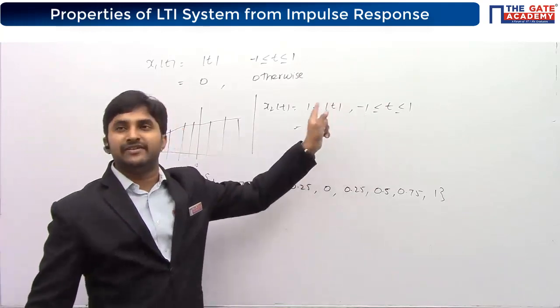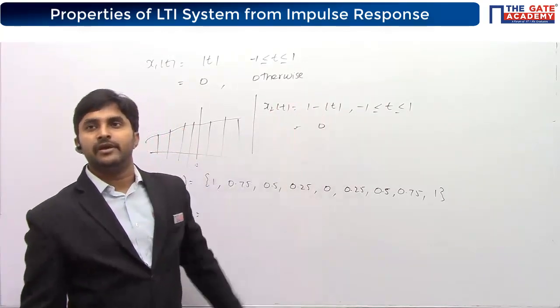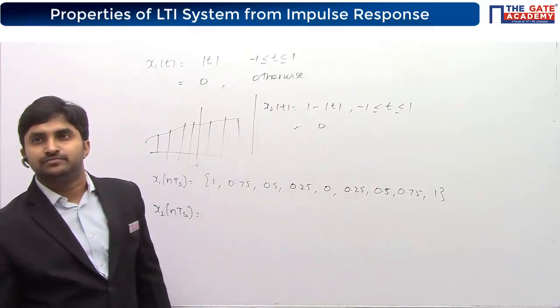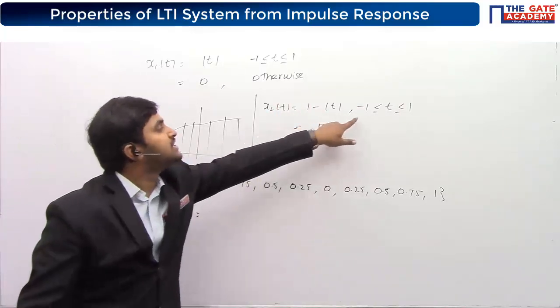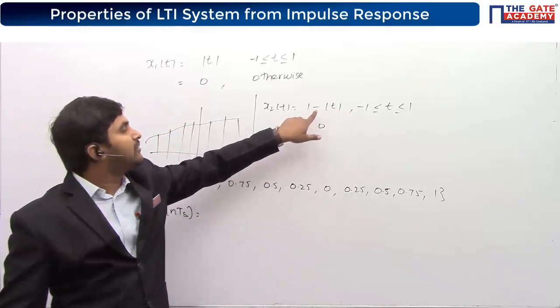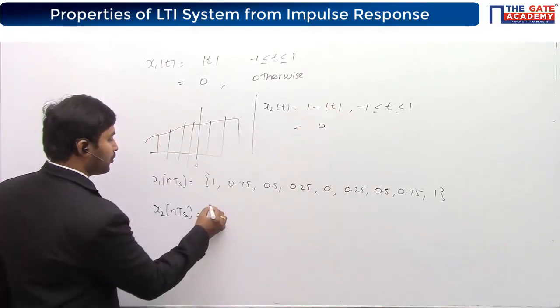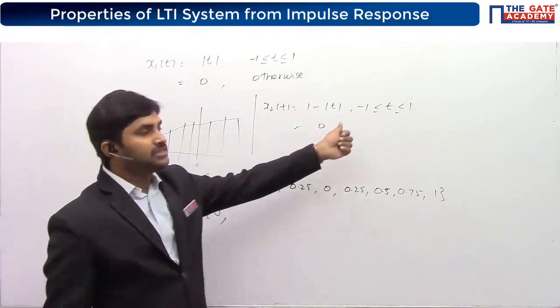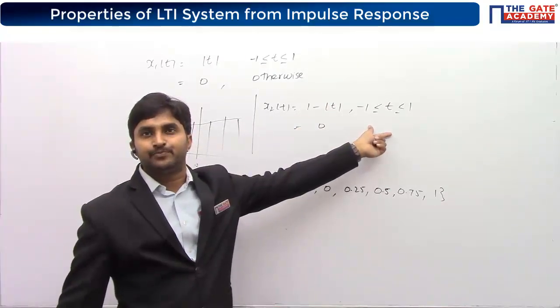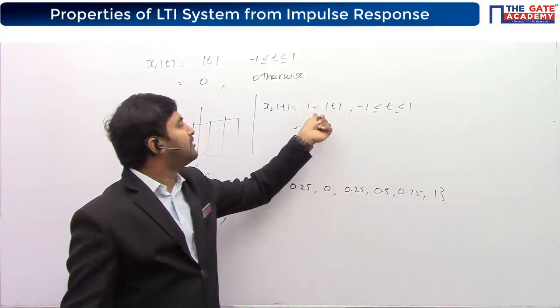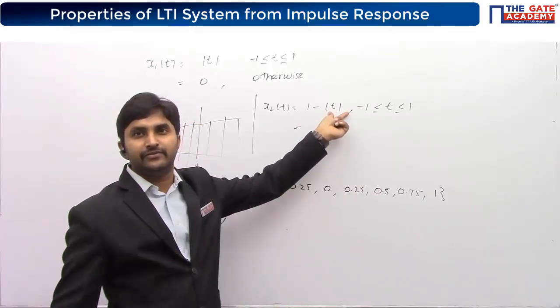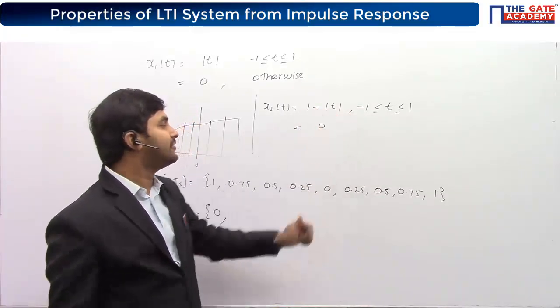Can you please tell me what is the value? 1 minus mod of minus 1 is 0. Then you have minus 0.75. 1 minus mod of minus 0.75 is 1 minus 0.75, which is 0.25.